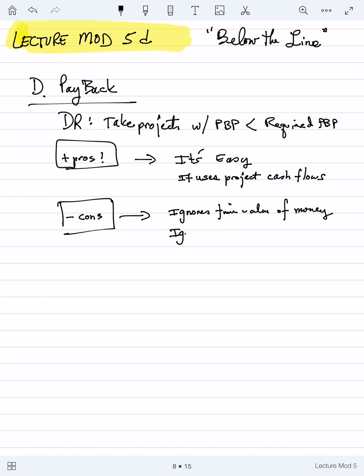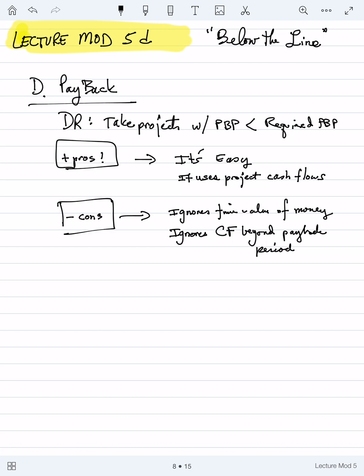So we'll say it this way, it ignores cash flows beyond the payback period. And remember, we are trying to be managers who have a comparative advantage in decision making. Better decisions require the use of full information.